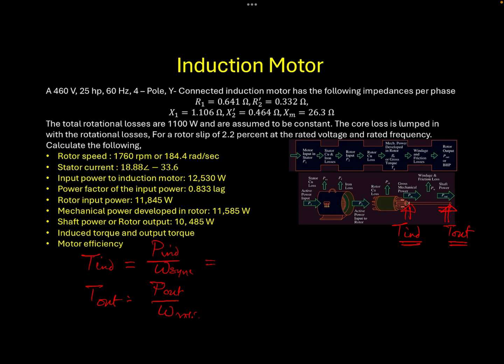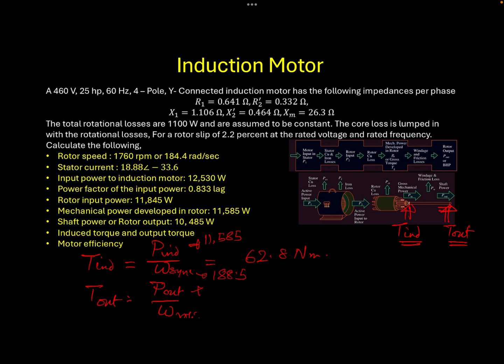We know that 11,585 is the amount of power induced, and the synchronous speed or omega value is 188.55. If you substitute these two numbers, we get 62.8 Newton meters.